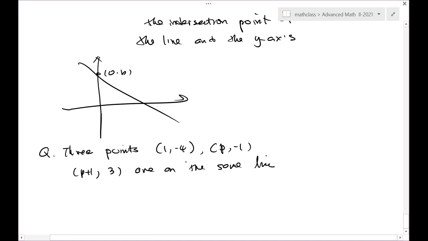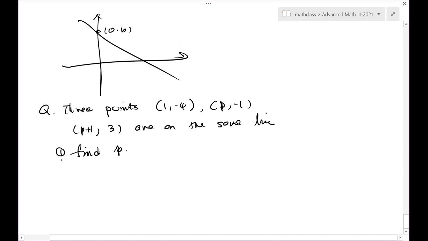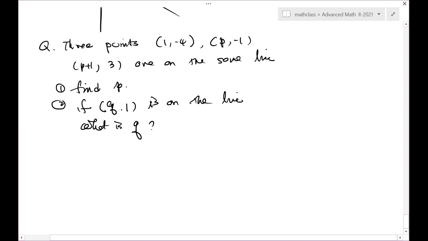Find p. That's the first question. Second question: if (Q, 1) is on the line, what is Q? So there are two questions here. I'm going to show you the first one, then I'll let you do the second one.